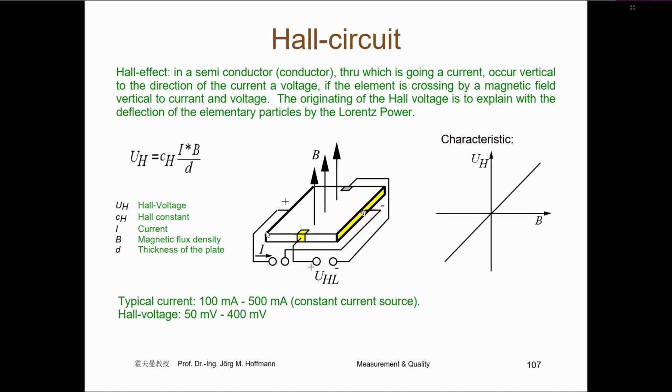You measure directly how the current is decreasing when the electrons make a bow caused by the magnetic field, so that you have only two connections.